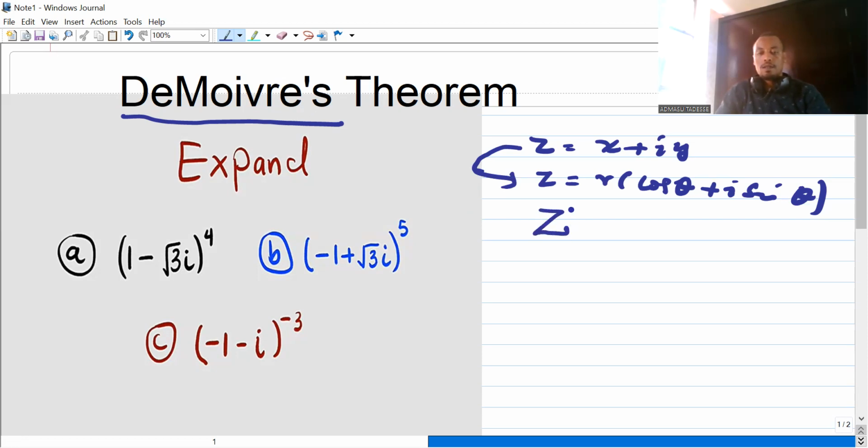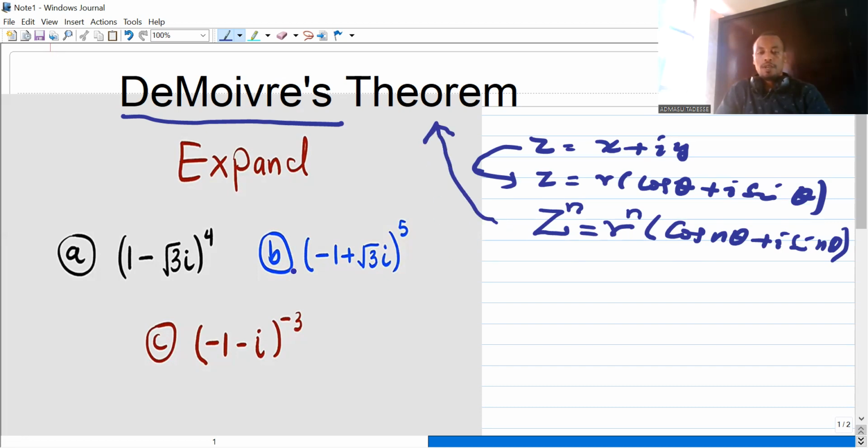Once the complex number is raised to the exponent n, it can be written as r to the power of n, cos of n theta plus i sin n theta, right? So this is the DeMoivre's theorem, right?